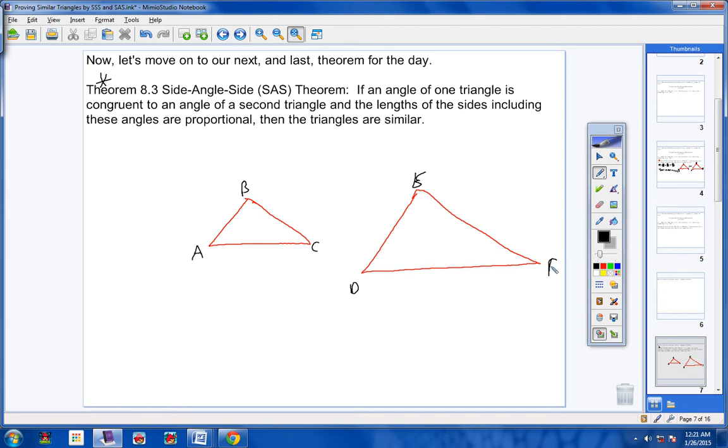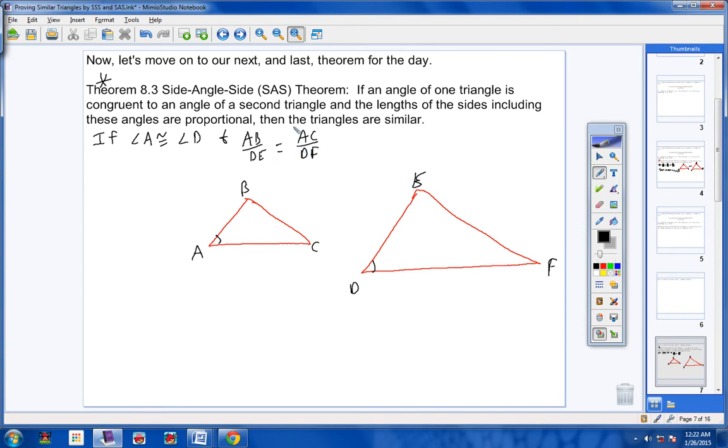Okay, if, and I'm going to pick an angle, it doesn't matter which one, if angle A is congruent to angle D, and, now watch, AB over DE equals AC over DF.